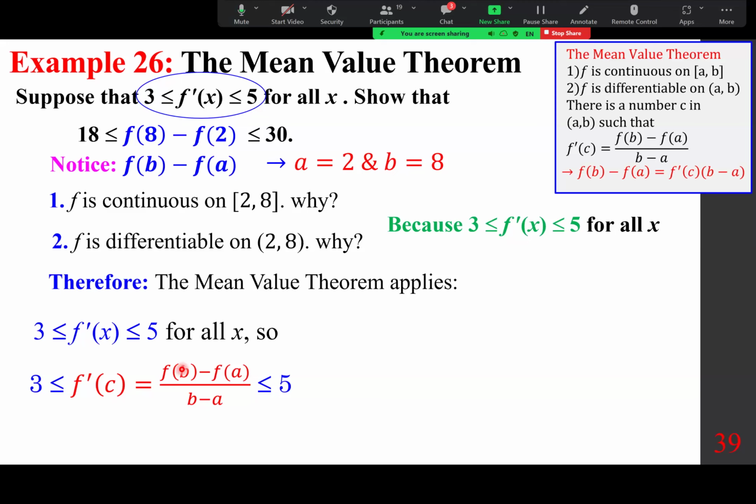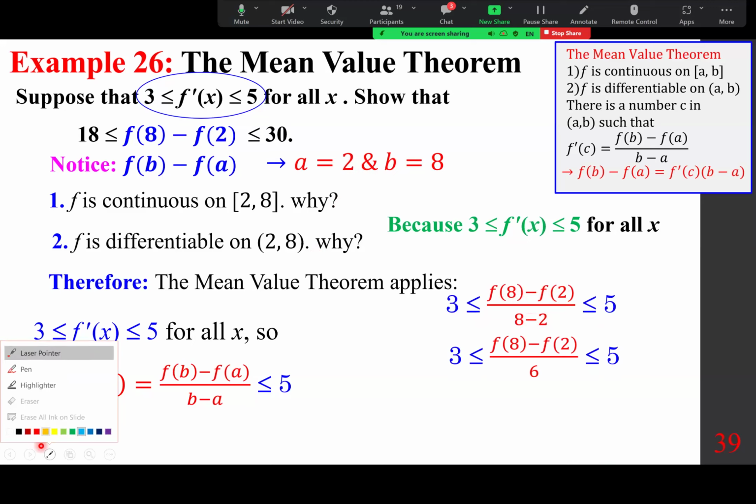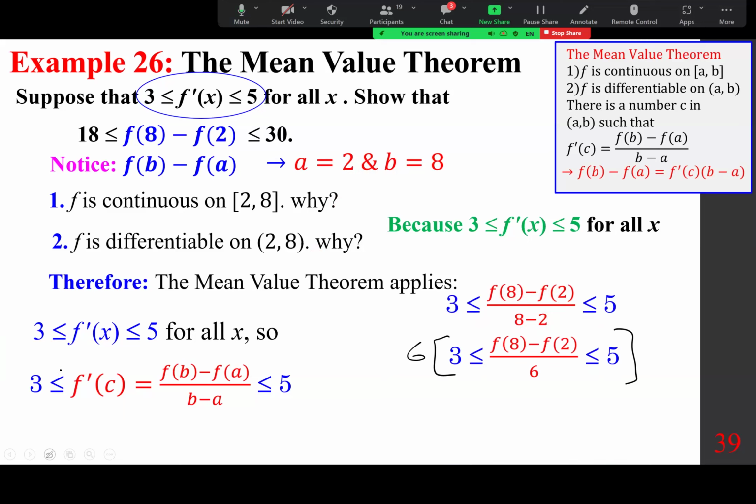So let's replace the a and b with 2 and 8. So 3 is less than or equal to f of 8 minus f of 2 over 8 minus 2 less than or equal to 5. 8 minus 2 is 6. We are going to multiply all sides by the number 6.